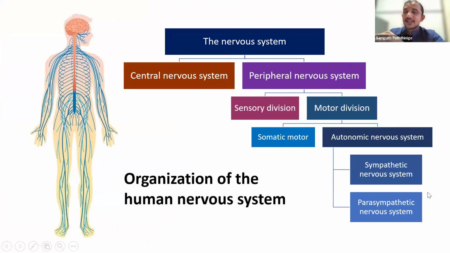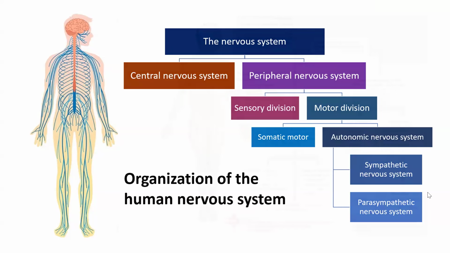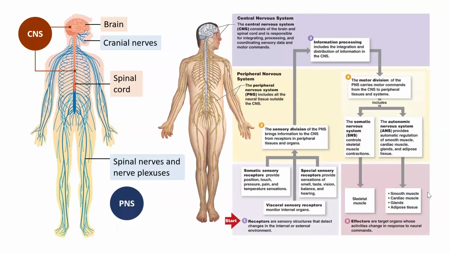And the motor division has a somatic motor part which innervates our skeletal muscles, and the autonomic part which innervates the cardiac and the smooth muscles and the different glands, right? So that is the general organization. I will not spend time on this.